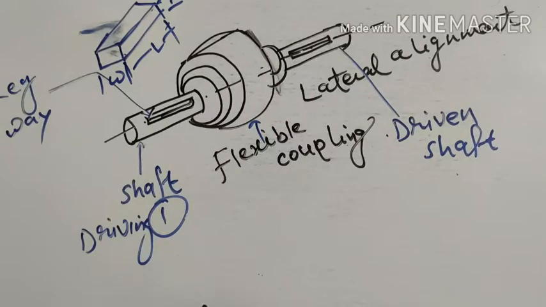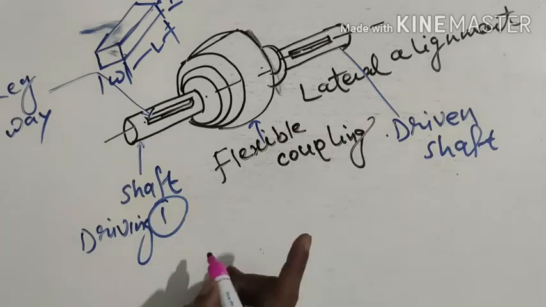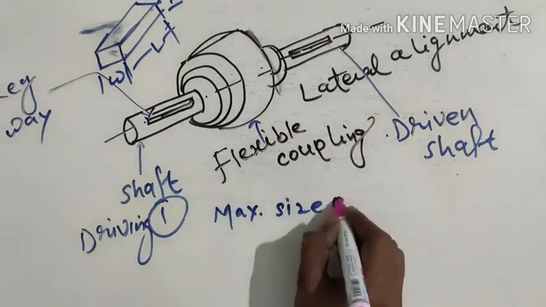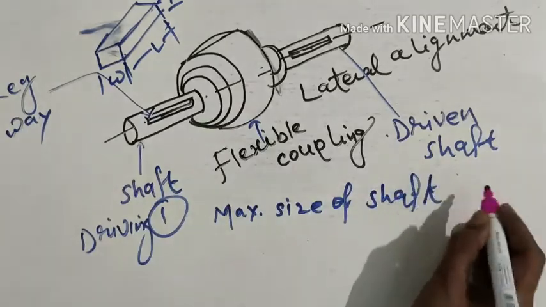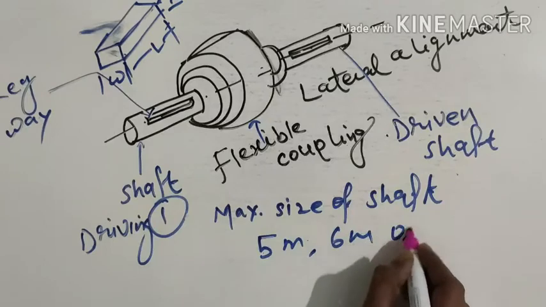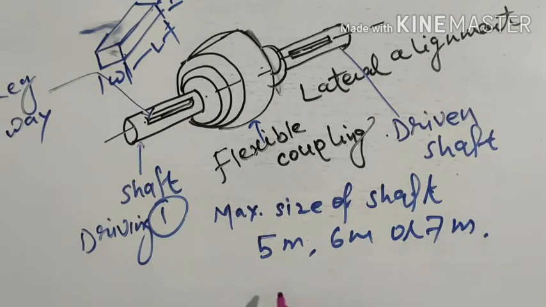Now we can move to the next. Do you know the maximum size of the shaft which is available in the market? The maximum size of shaft available in the market is 5 meter, 6 meter or 7 meter.